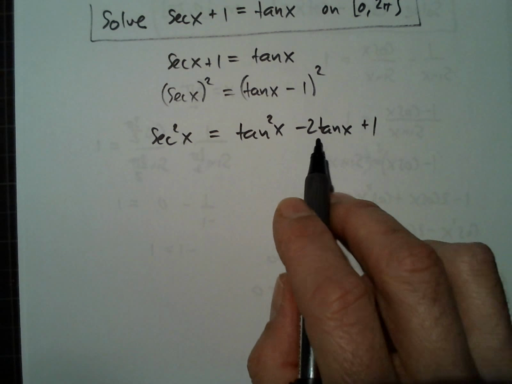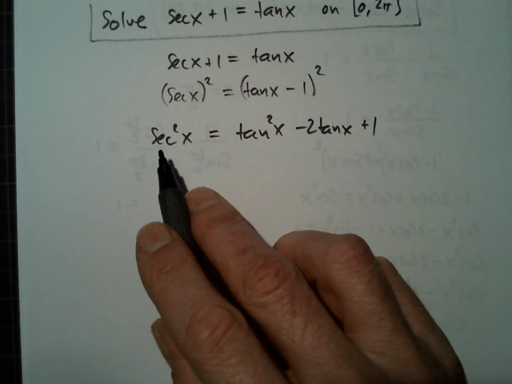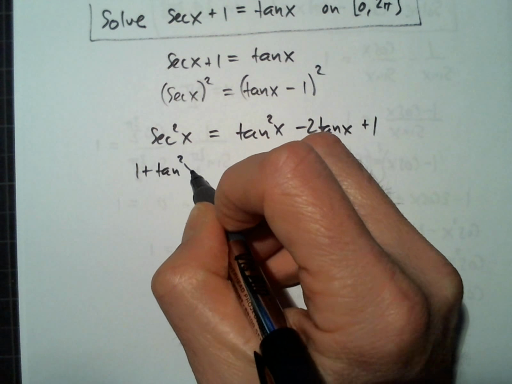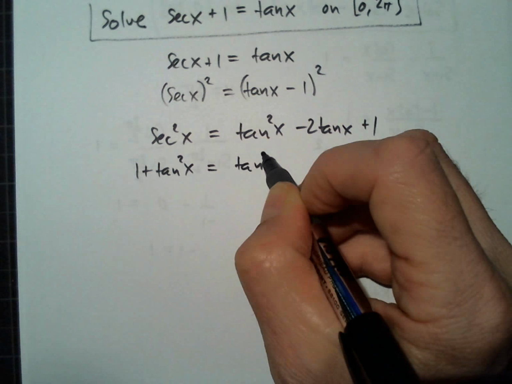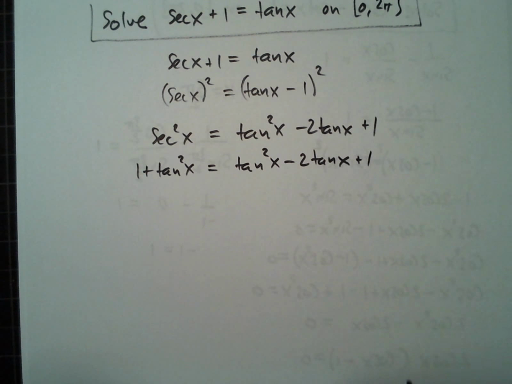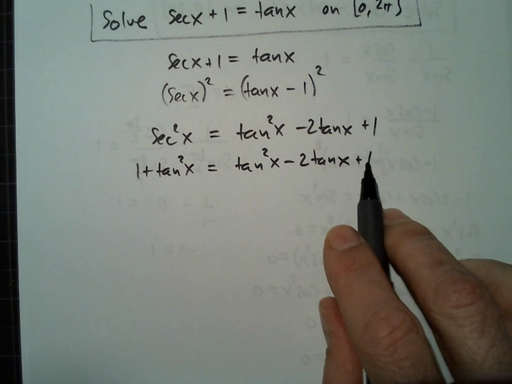And we want everything with tangents, so let's change the secant squared into a 1 plus tan squared. And we're going to subtract 1, so there's no more 1.